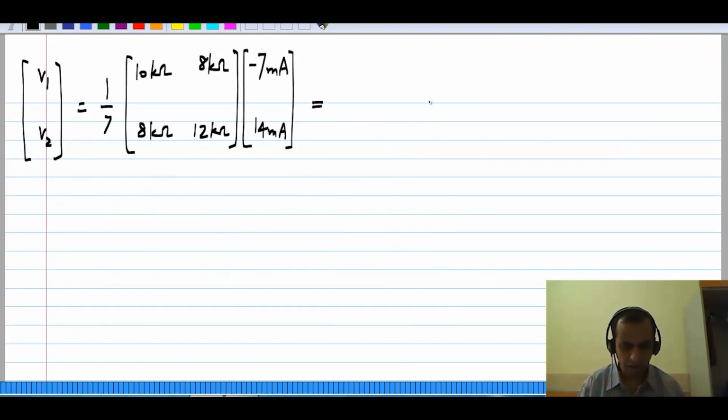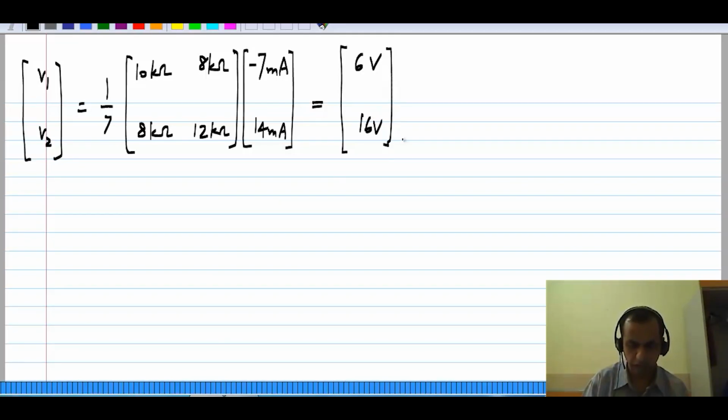And this you can easily see is 6 volts and 16 volts. Okay. So the two node voltages turn out to be 6 volts and 16 volts. Like I said, you can do it by an independent method such as superposition and verify that this is indeed the case.